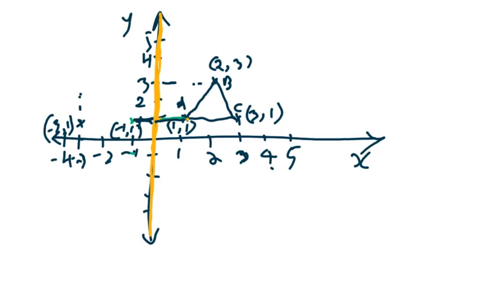So it's going to move 2 units in the opposite direction on the opposite side of the mirror line. So it will be, on the x-axis, -2, 3.